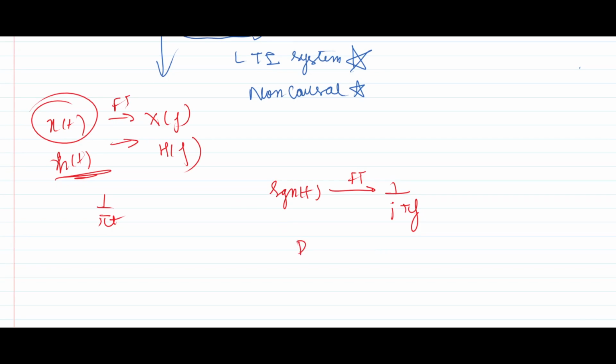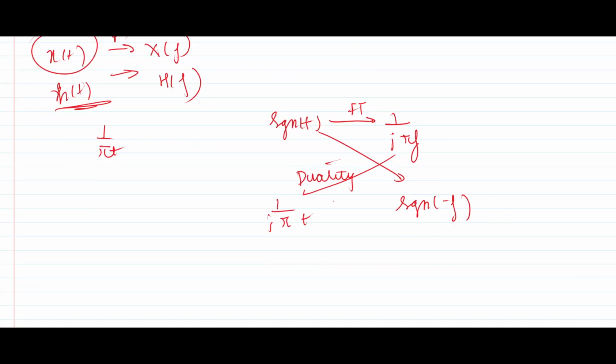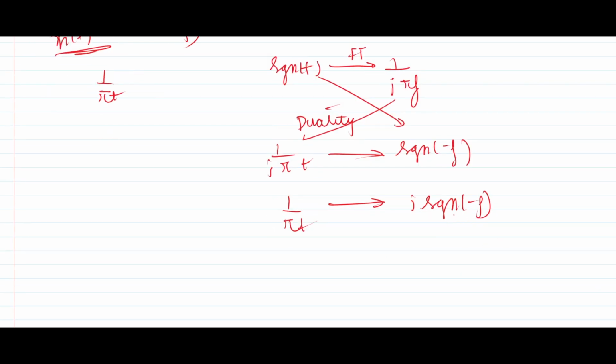Applying the duality theorem, what the duality theorem says is, if you write it here with t, 1 upon j pi t, you can write this with a minus sign in the frequency domain. So I'll keep 1 by pi t here, move j here, and there's a basic property of signum function, that signum of minus f is an odd function, it is minus signum function of f. So you get the Fourier transform of Hilbert transform.